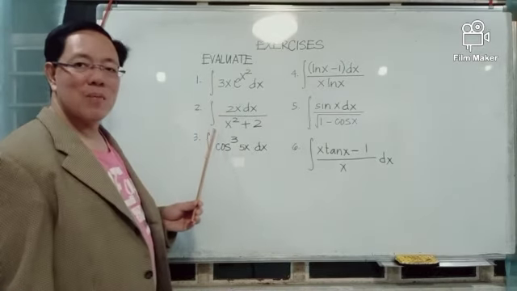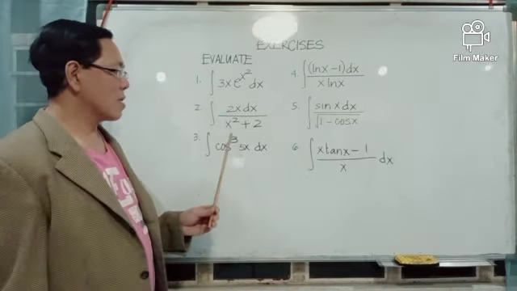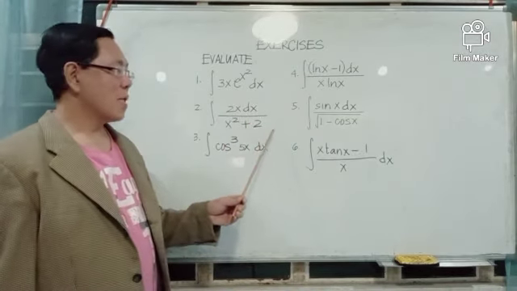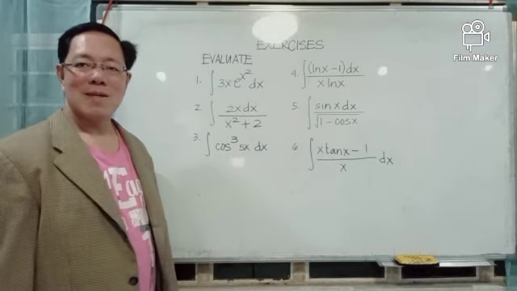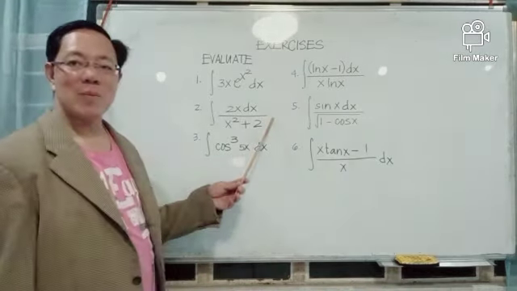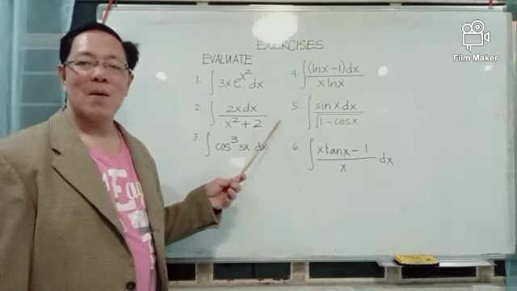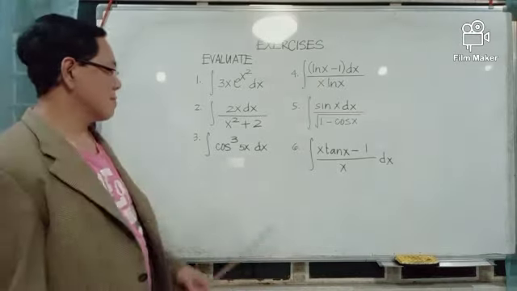In number 2, we have the integral of 2x dx over x squared plus 2. In number 2, you will also use algebraic substitution to transform this given integral to one that can be integrated by one of the integration rules.